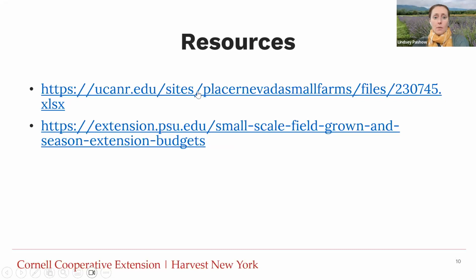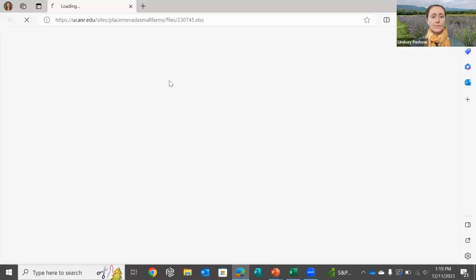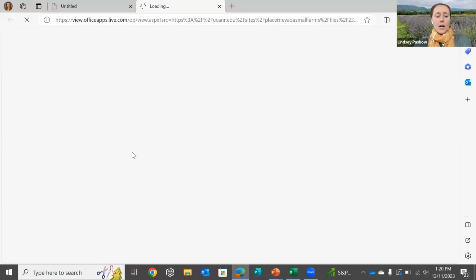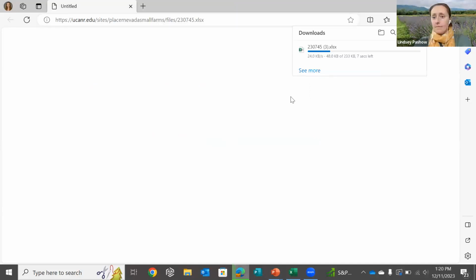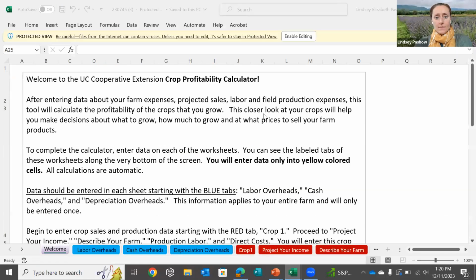So I'm just going to show you a couple of different resources that are out there. This is an enterprise budget that comes from California, from UC Cooperative Extension.